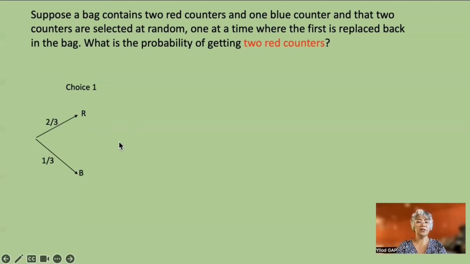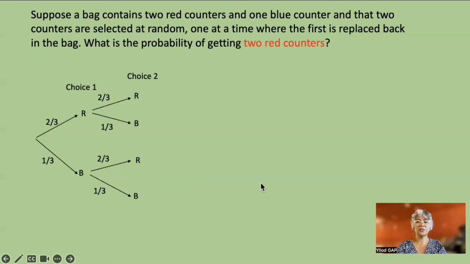Okay, and for B, that's 1 out of 3. Now, the second choice, you have the red and the blue. And again, we're going to have 2 out of 3 for the red and 1 out of 3 for the blue. And here you have red and blue still. And that one would be 2 over 3 and 1 over 3.